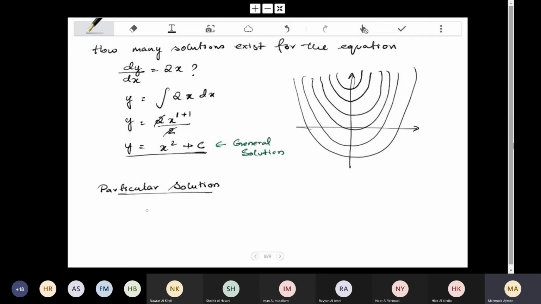For that, we are going to get our differential equation in this form, and we'll be given an initial condition. So let's say here we have y of 1 is equal to 4. This is the initial condition.